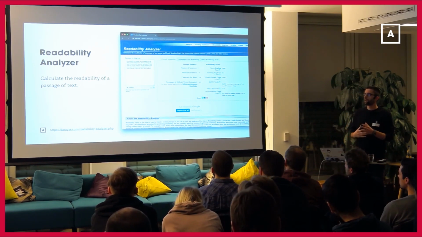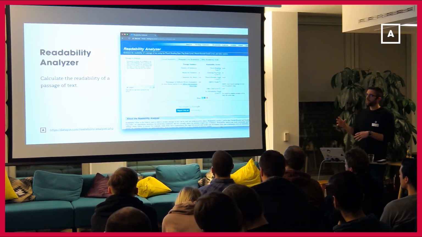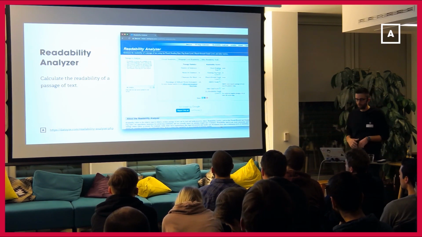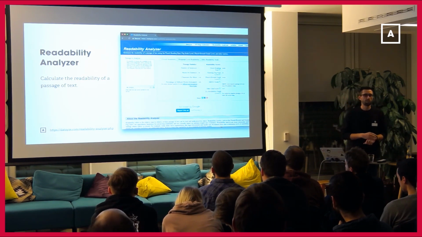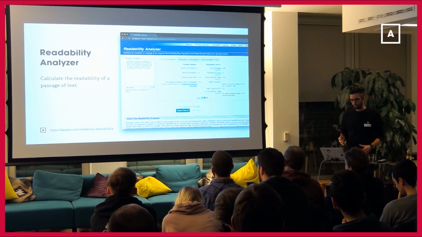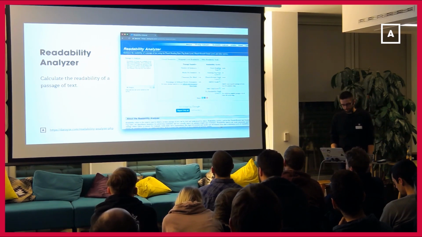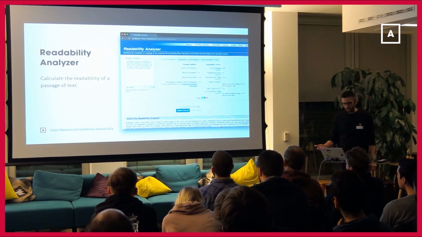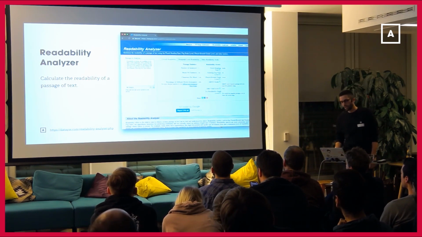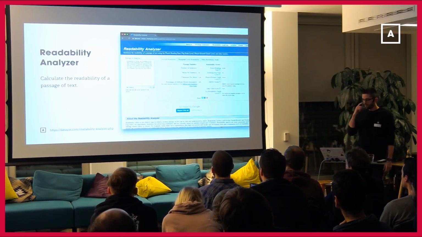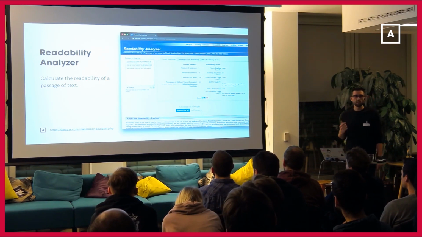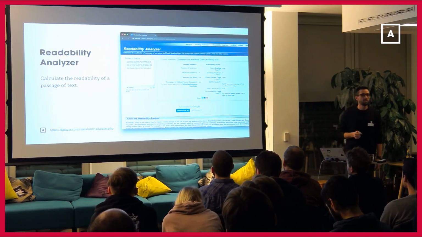You give it a text paragraph, and then it automatically calculates the scores, the complexity of this paragraph, according to several sets of metrics. These types of metrics are, for example, Flesch Reading Ease, which uses the numbers of sentences and syllables.